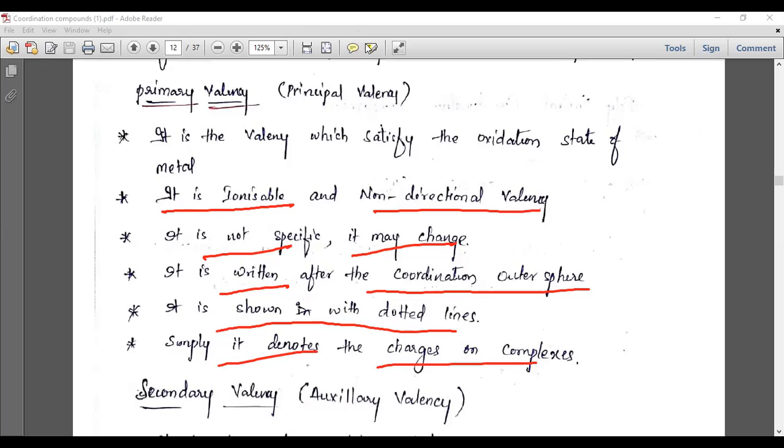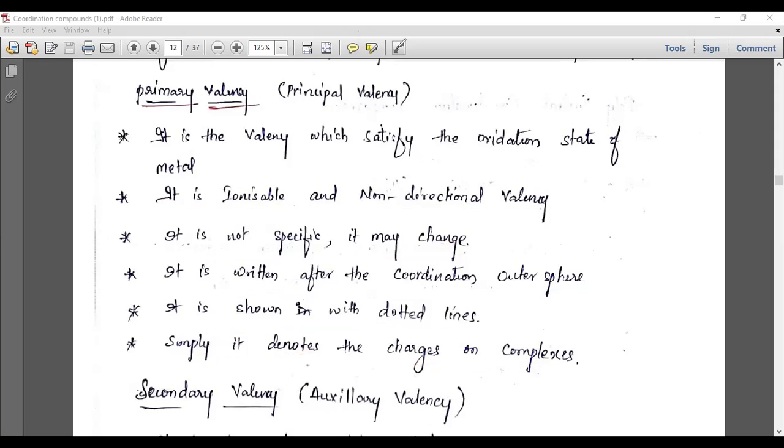So let us understand here. Those points you should remember. Let us take it like this. You should understand one thing here. Here we have this particular complex. Outer to this coordination sphere, this is our ionic part, that is +3, and here -3.